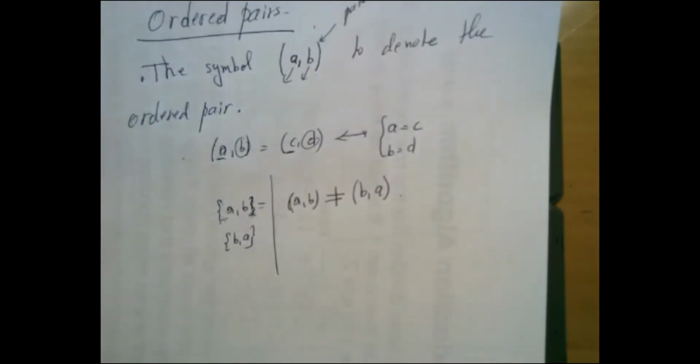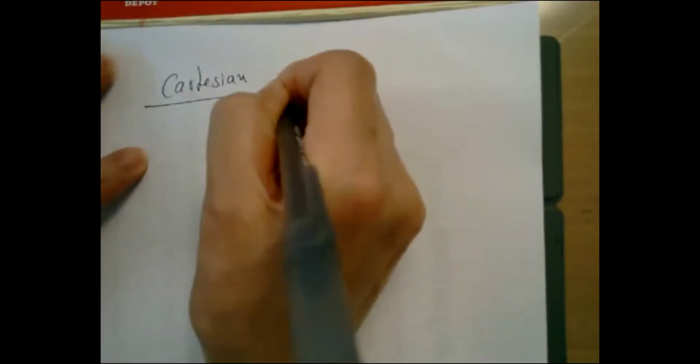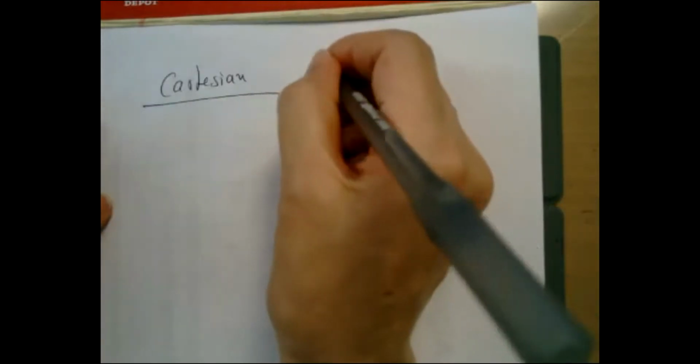Okay. Now what's a Cartesian product? So, definition of a Cartesian product. Suppose A and B are two sets.